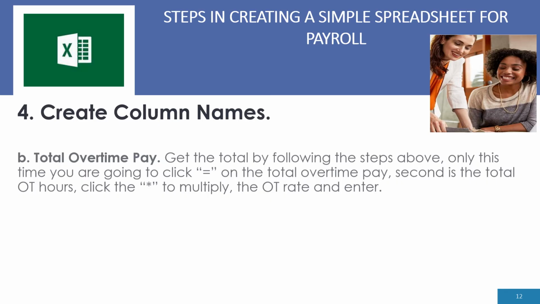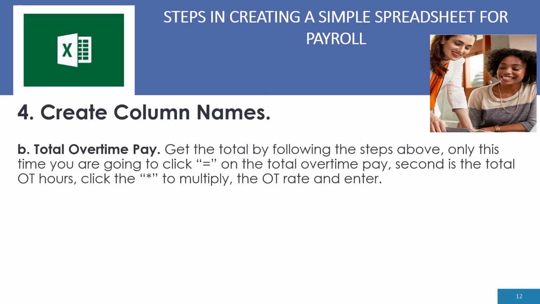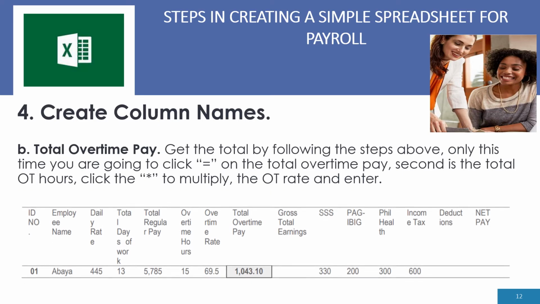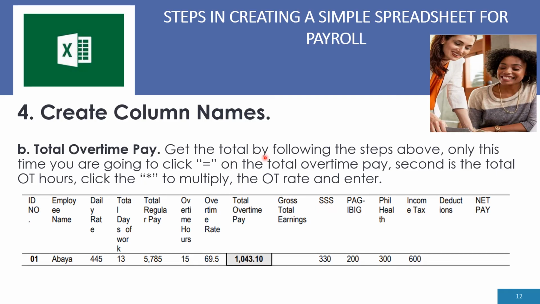Next is for the column B, total overtime pay. You are going to click equals, and then on the total overtime pay, click this one, times this one, that's the rate.